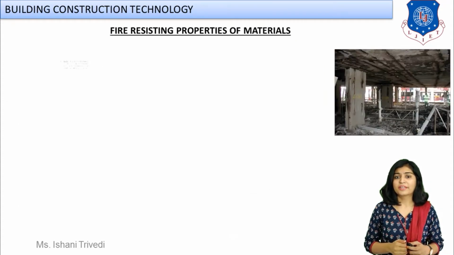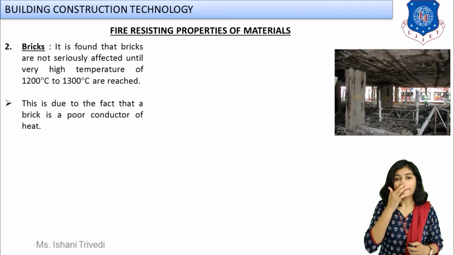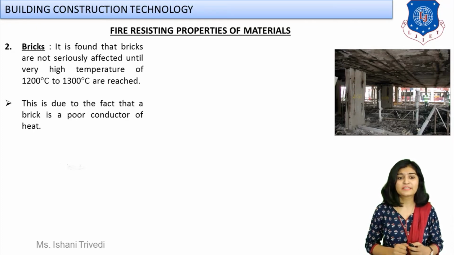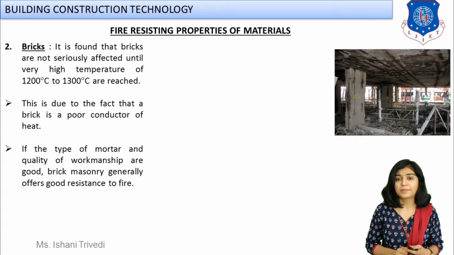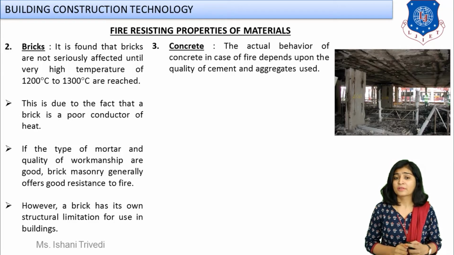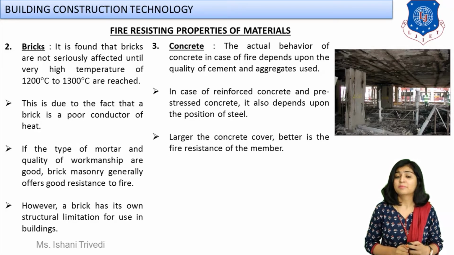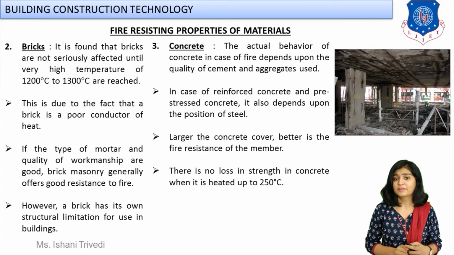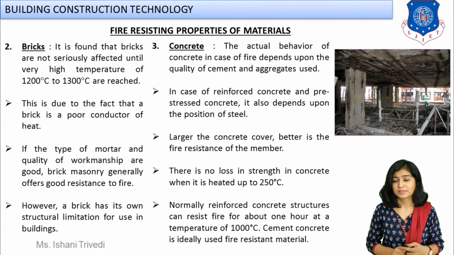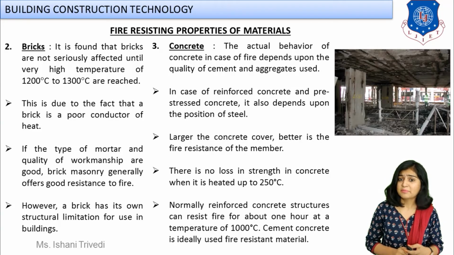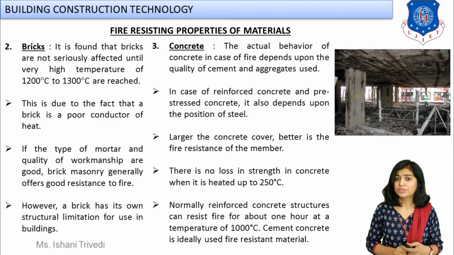Next we are talking about the second material. Which is the second material? You can see that it is bricks. Now you know that bricks are made using the burning process, correct? We have class A, B, C, D, that is class 1, 2, 3, 4 bricks.